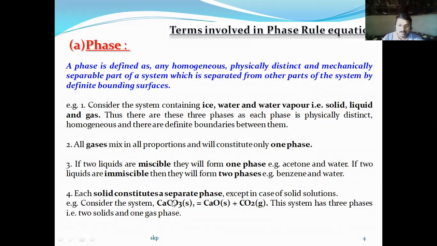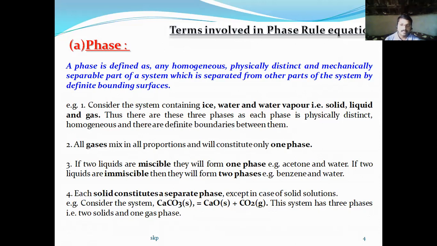Similarly, each solid constitutes a separate phase, except in the case of solid solutions. Even though two or three solids mix together, they are not mixed homogeneously as we observe in solutions or liquids, and solids we can separate by some physical means.